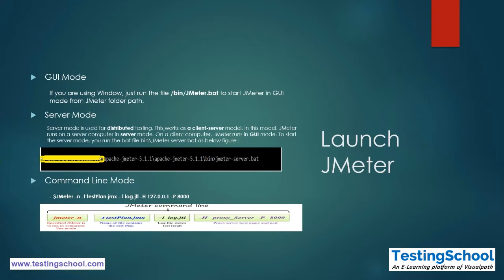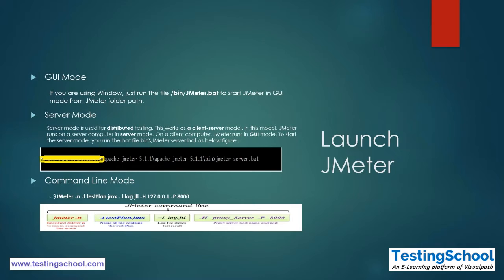So you can see on my slide, I have mentioned the meaning of the different components of this command. jmeter -n means you are running your JMeter in non-GUI mode.